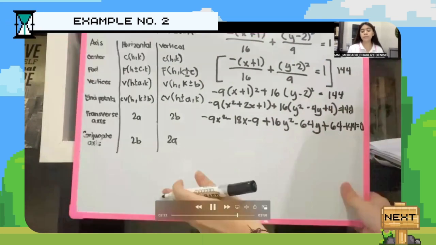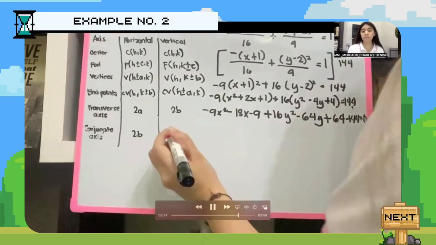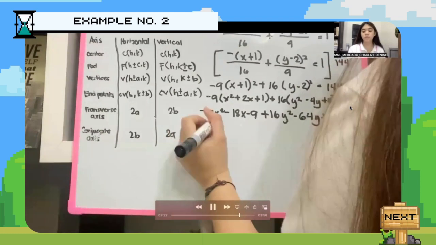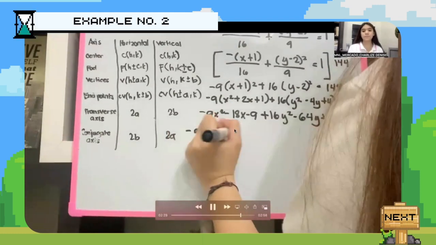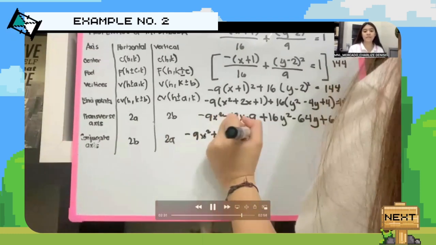Then we will transfer this 144 to the left-hand side.